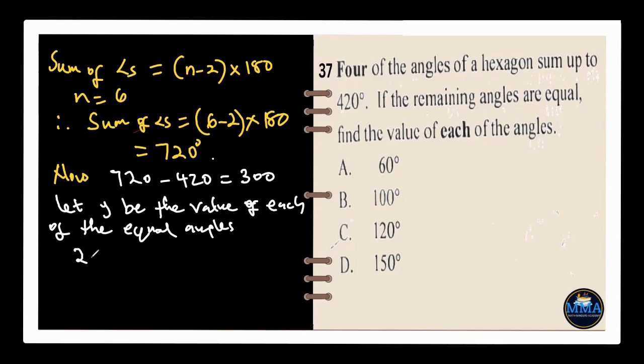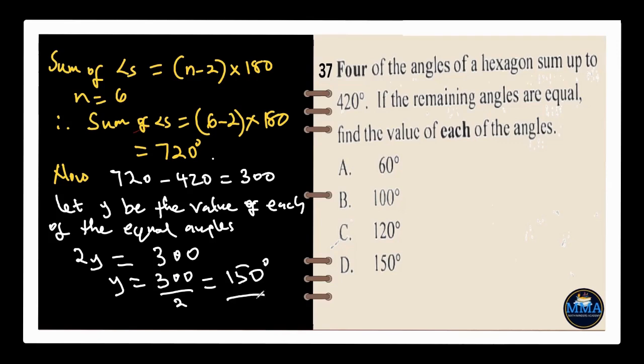So the 2y is going to give me 300. So y is going to give me 300 all over 2. So two angles are equal. So this will be their value, 150.